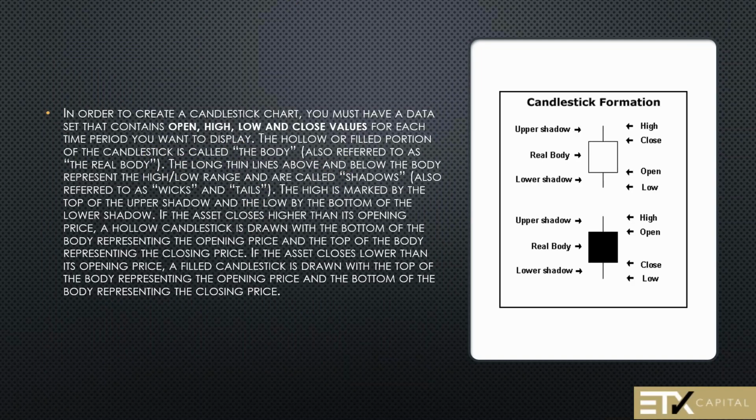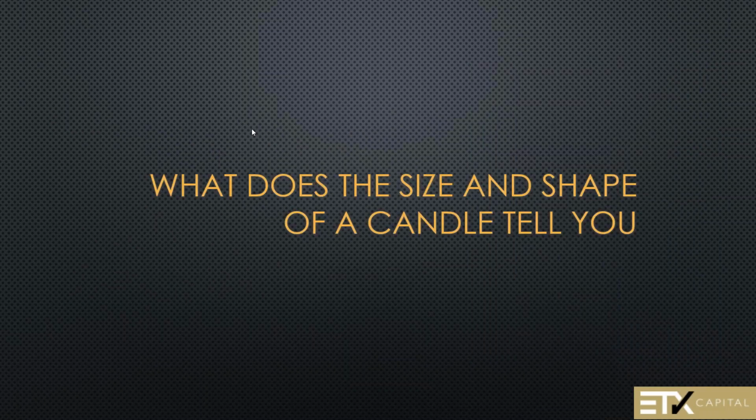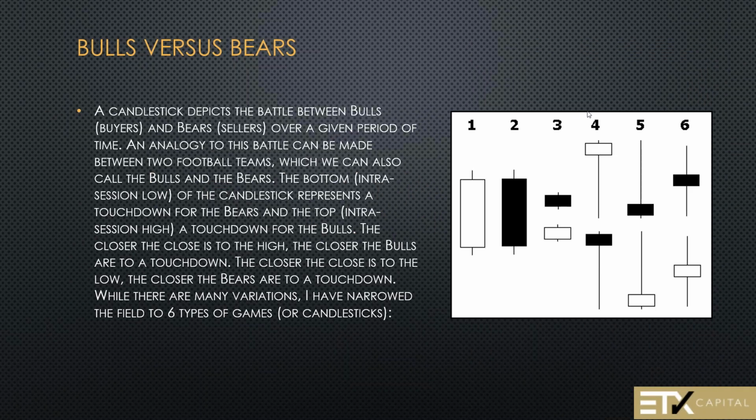Now, candlesticks begin by telling us the story of what's going on in the market. So the size and the shape of the candle tell you something. There are 6 basic things that we can interpret from a candle. Candlestick 1 here, we have a fairly large body, the difference between the open and the close, and small wicks above and below.